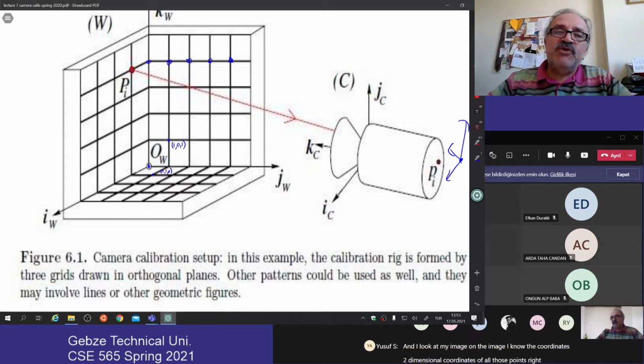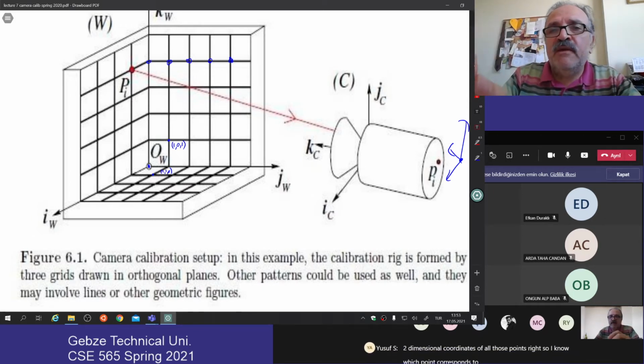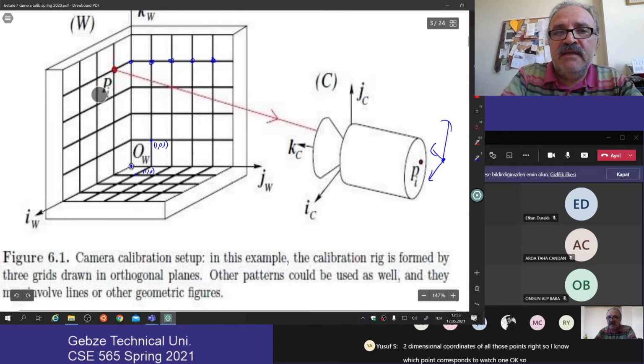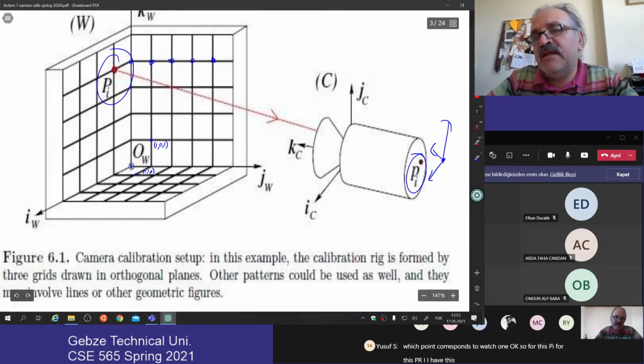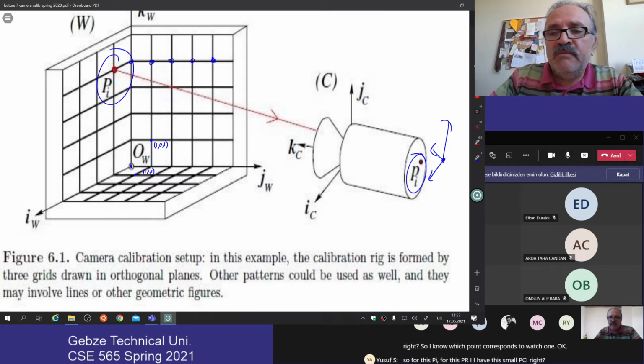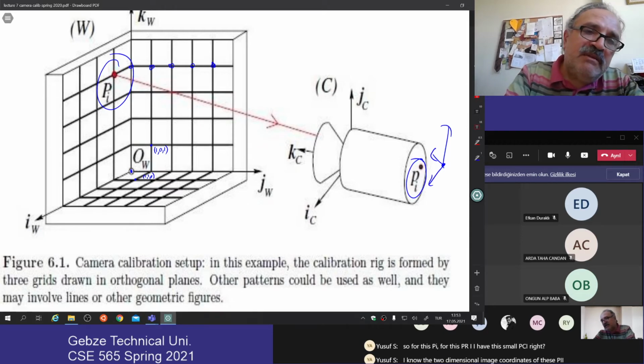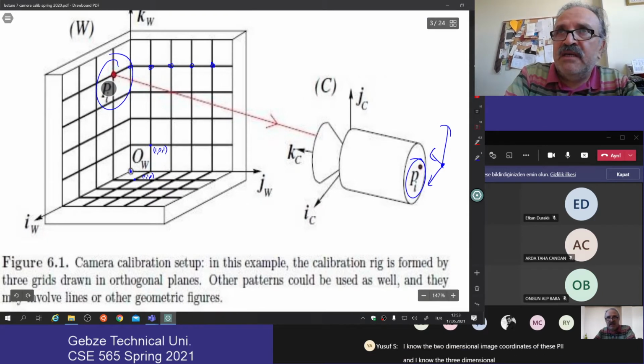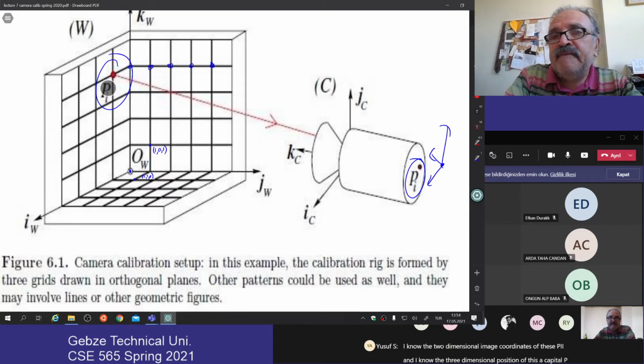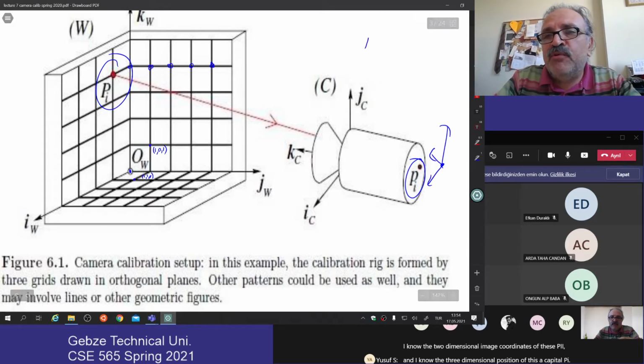So I know which point corresponds to which one. For this small pi, I know the two-dimensional image coordinates, and I know the three-dimensional position of this capital Pi. And my projection matrix gives me this relationship.